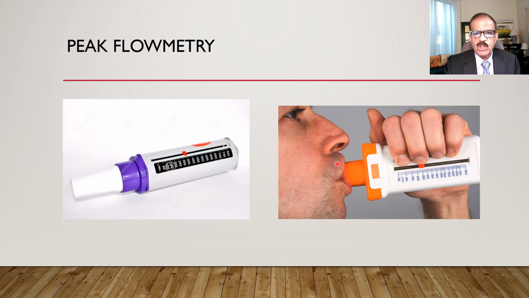This is not the spirometry. As I told you, this is peak flowmetry, and this is a very simple device. This pointer is here. Normally a patient is asked to take a deep inspiration, as much air as patient can take in. Then you can apply a nose clip sometimes, or patient can hold his nose with the left hand, and the right hand he holds this, and then after taking a full inspiration, patient exhales fully, not coughing, and this pointer will stop at the maximum speed.